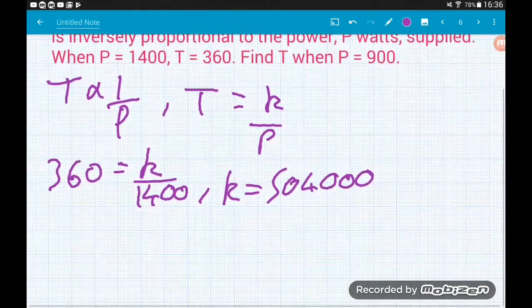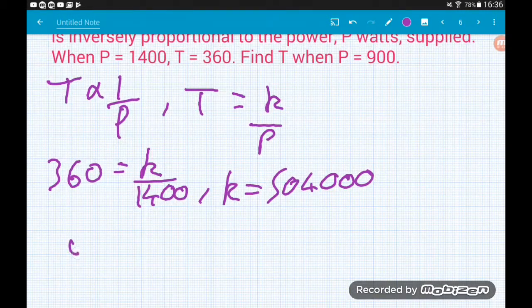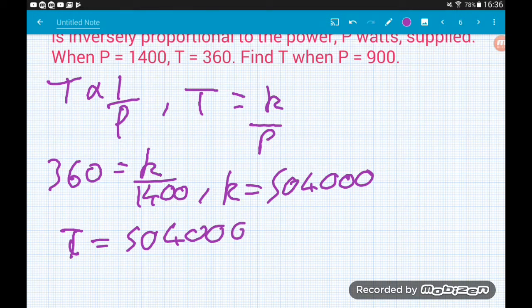So now we know the exact formula linking T and P. T is equal to 504,000 divided by P. So 504,000, quite a big number there.